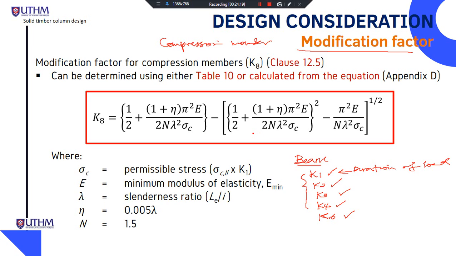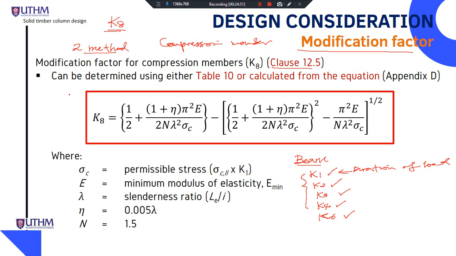And in this part 2, you will be introduced to K8. This K8 can be found in clause 12.5 of Malaysian Standard 544 on page 27. There are two methods to determine K8.